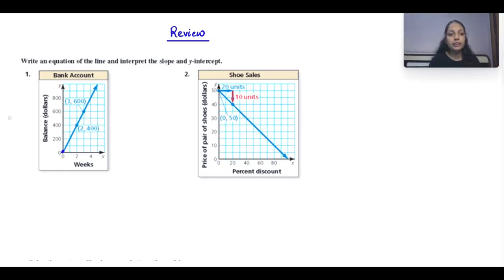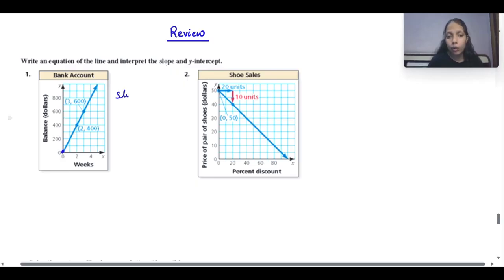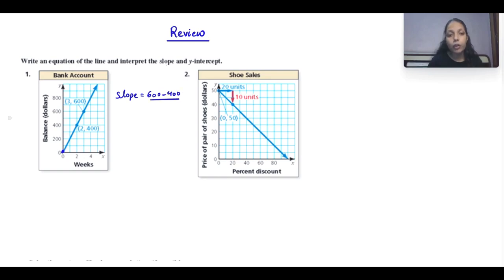So first, in this question we will find the slope and y-intercept. Two points are given. So how to find the slope if two points are given? Difference of y values over difference of x values. So 600 minus 400 over 3 minus 2.